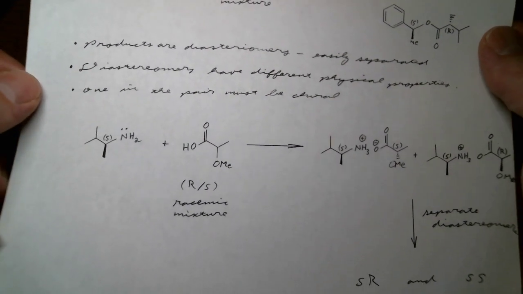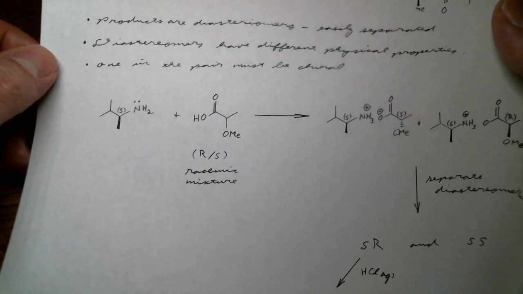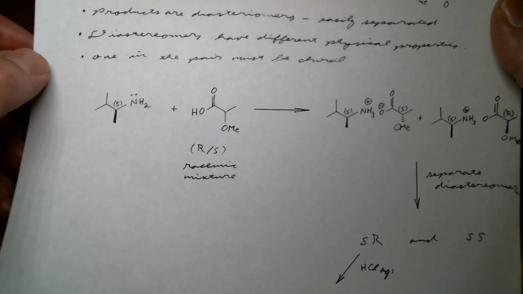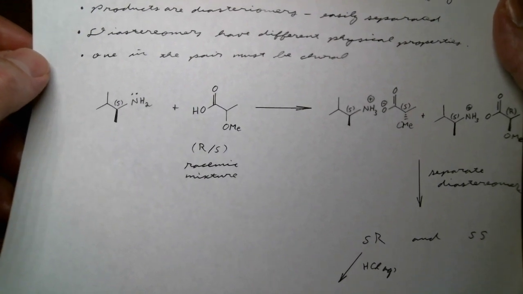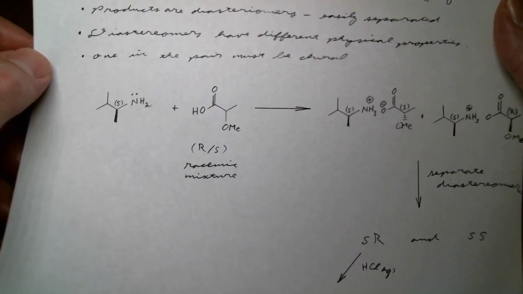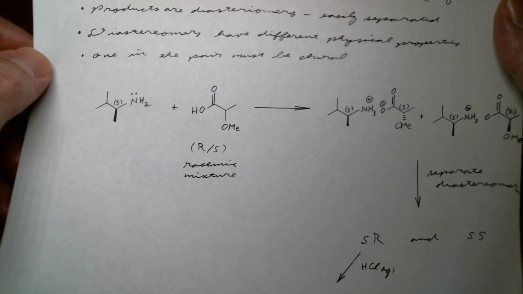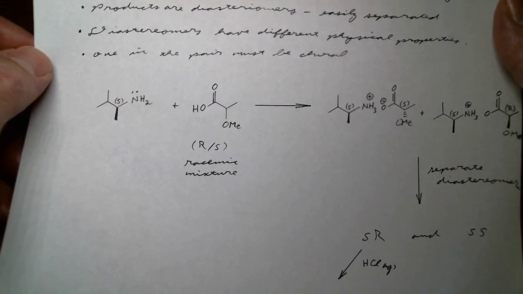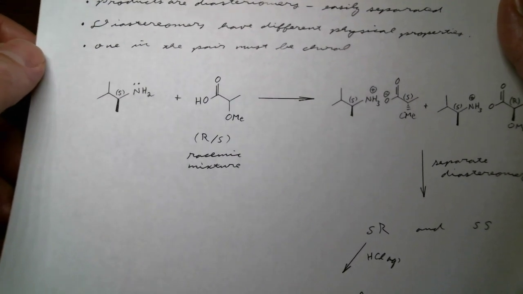Sometimes it's even by looking at crystal morphology. I mean, that's how Louis Pasteur came up with the idea of R and S. He looked at tartaric acid, which are crystals that form at the bottom of wine barrels. It's amazing that he could look at anything straight after getting to the bottom of a wine barrel.